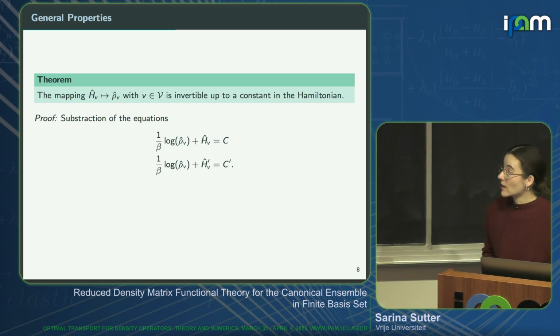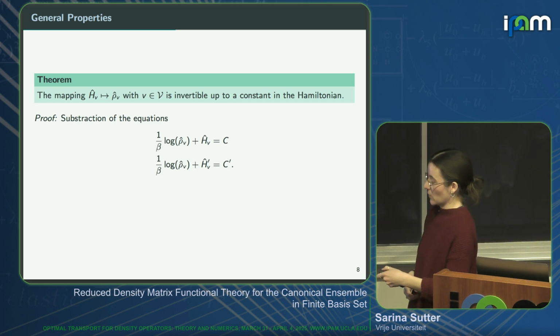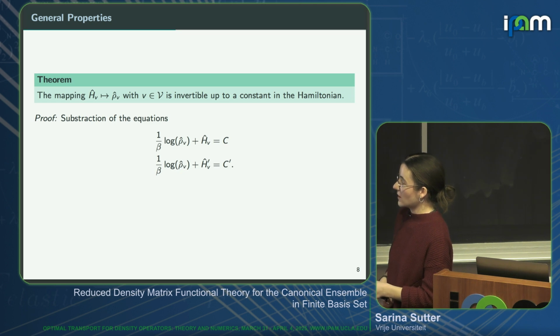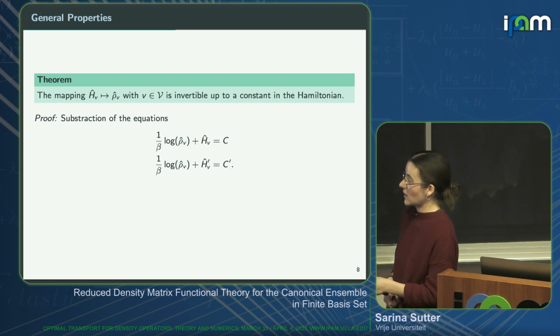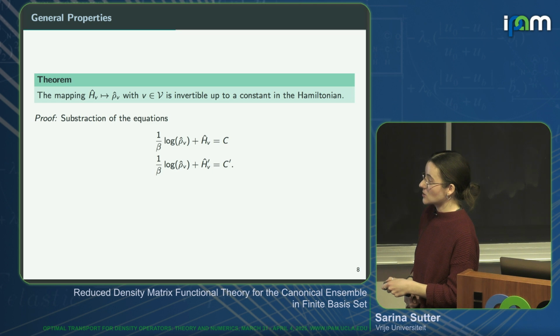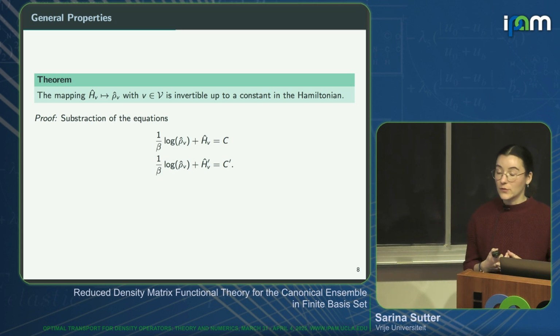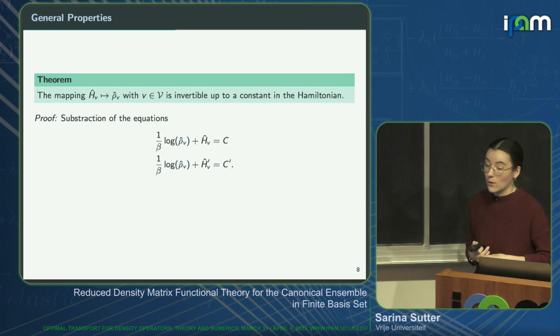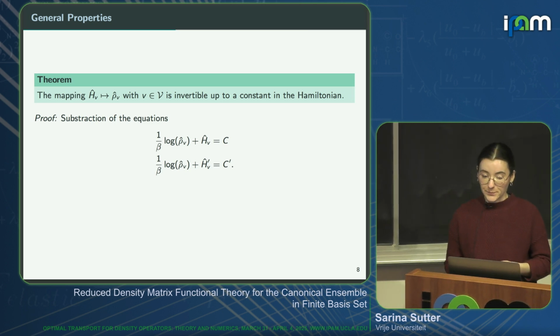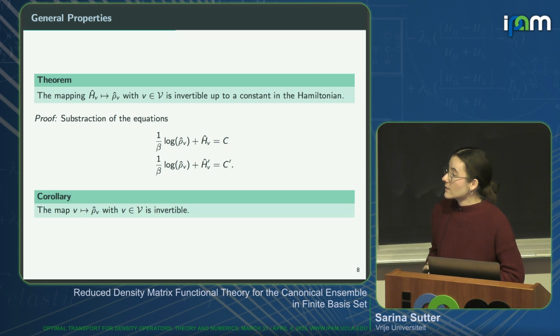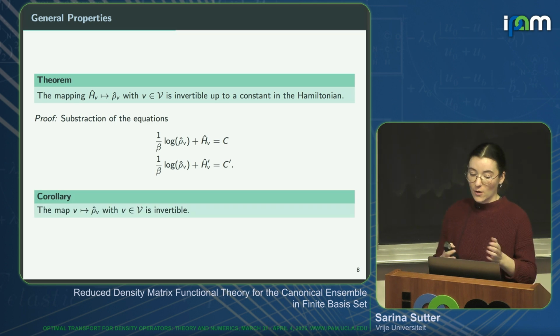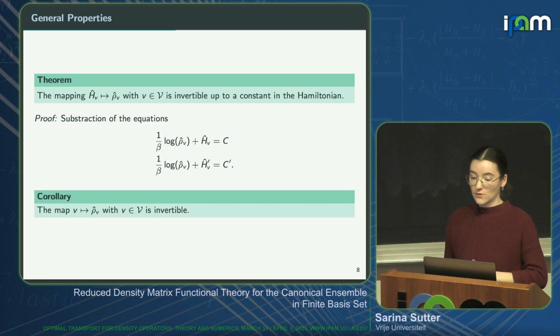If we subtract these equations, two terms cancel, and we are left with H_V minus H_V' is equal to C minus C'. So the two Hamiltonians differ by at most a constant. And then it follows directly that the map from potential to the Gibbs state is invertible.